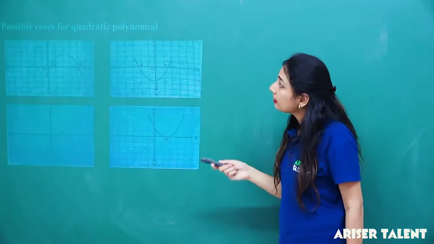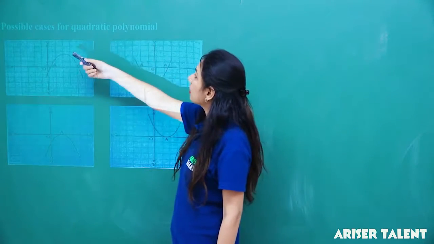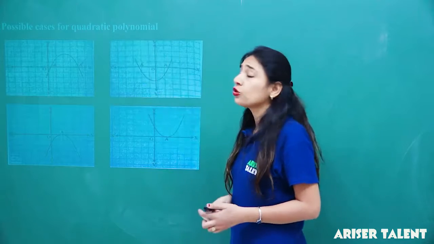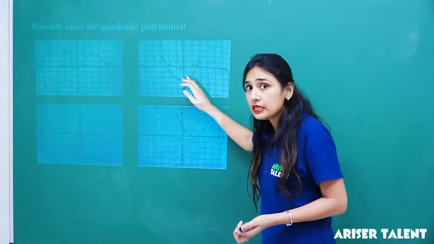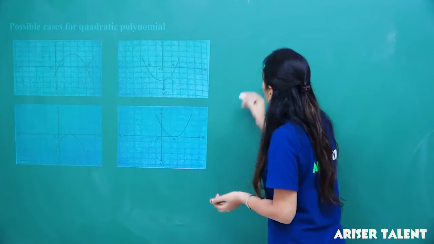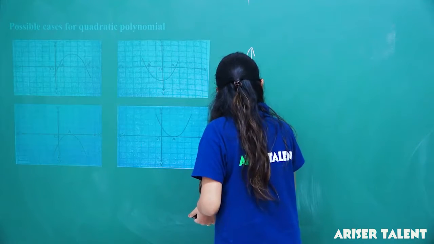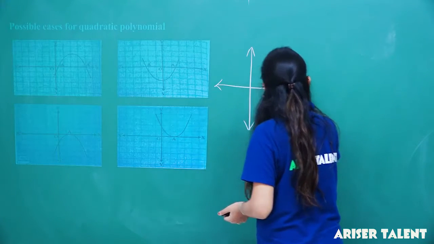Okay, then we discussed possible cases for a quadratic polynomial. Before discussing this, we also discussed some cases of linear.